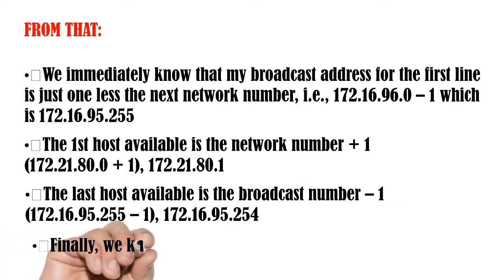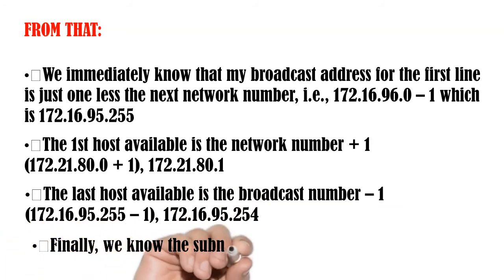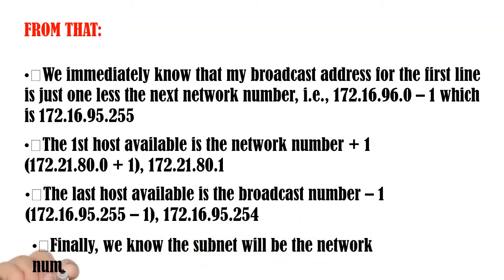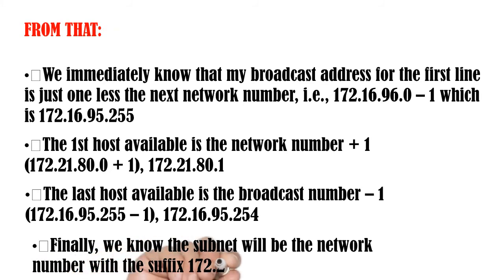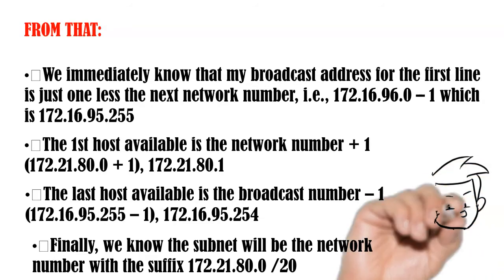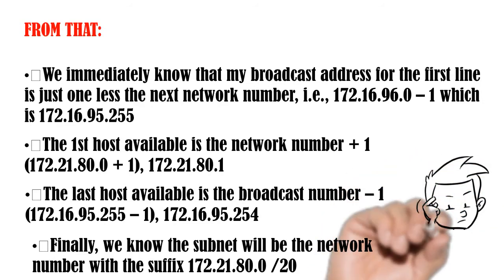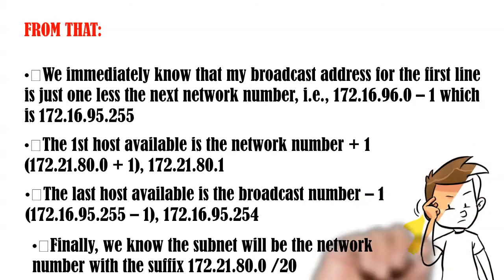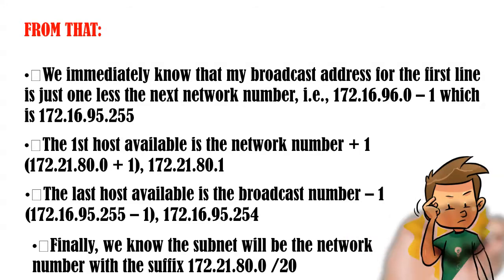And as for the last host available, that would be the broadcast number minus 1. The broadcast number being 172.21.95.255 minus 1 would leave us 172.21.95.254, since we're dealing with host numbers and not network numbers. And finally, we know the subnet will be the network number with the suffix /20.